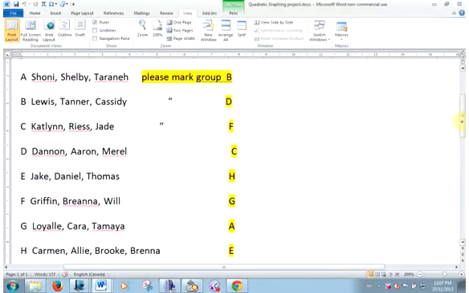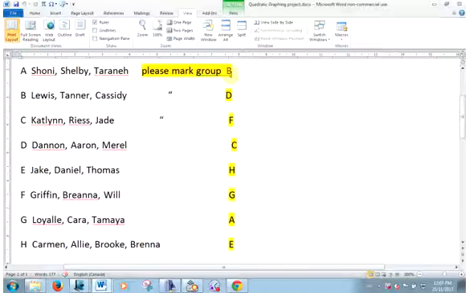Shoney's group mark B, Lewis's, Tanner's, and Cassidy's. Can Lewis, Tanner, and Cassidy mark Danon's, Aaron's, and Merrill's? Just go up and visually check it, because your quiz is going to look a lot like that.